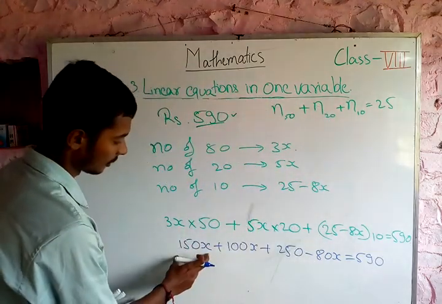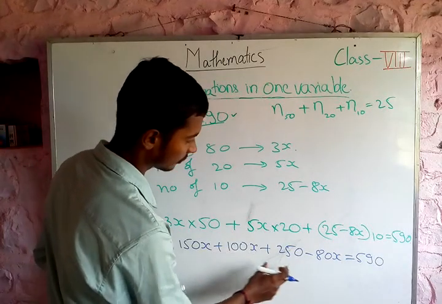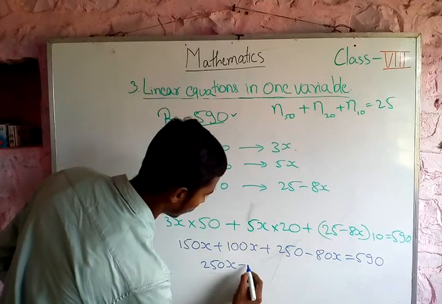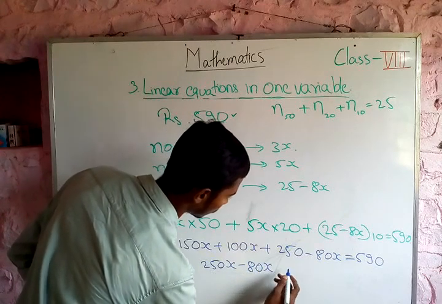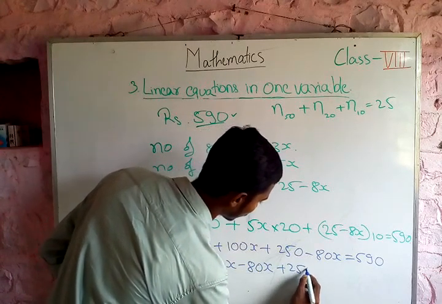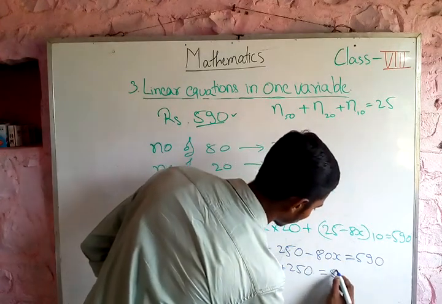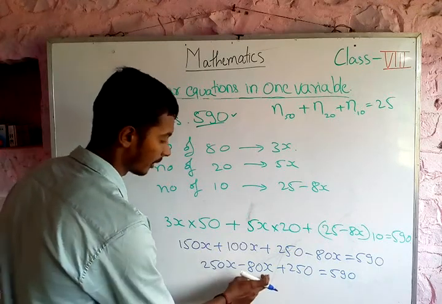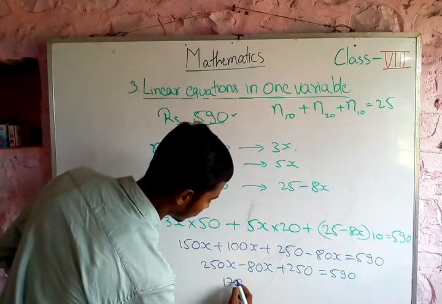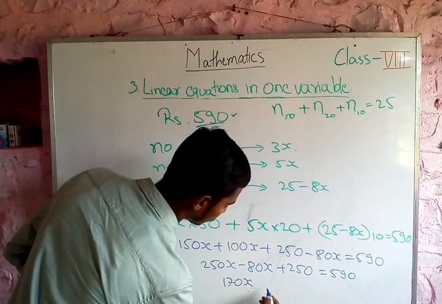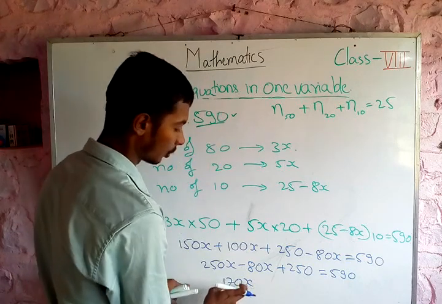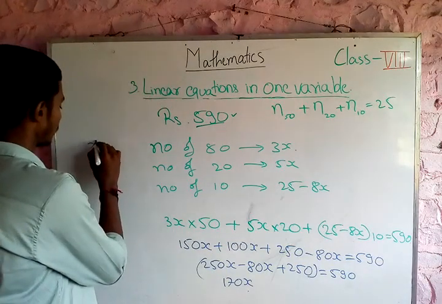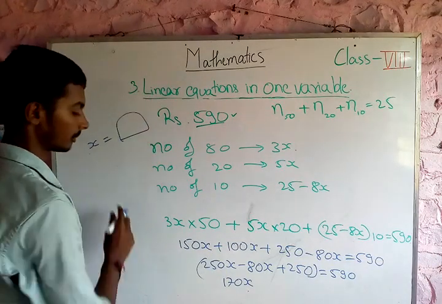Okay, now see here, 150 plus 100 minus 80, so it is 250x minus 80x plus 250 is equal to 590. Okay, 250 minus 80 is 170x. Now I want to reduce this into the form x is equal to something, to find x.